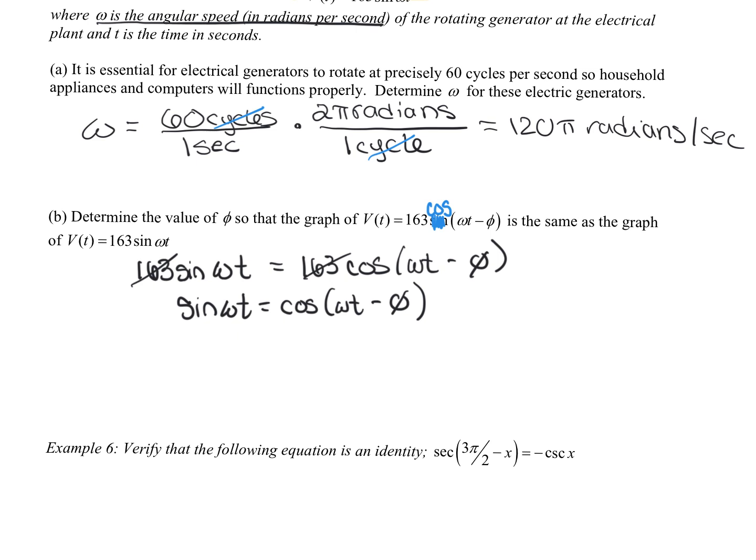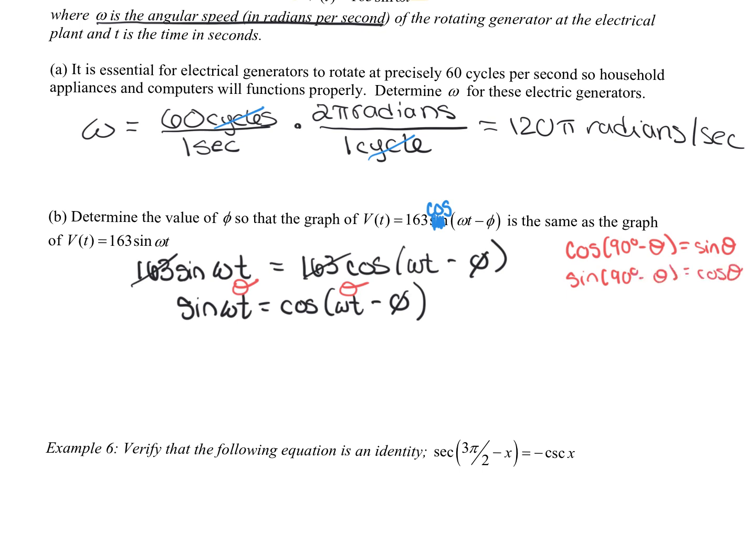And so our co-function formulas would call this theta and this theta. And so I'm going to rewrite. I got to take care of the negative first. We know that cosine and sine are co-functions, but normally it's written as 90 minus the angle.